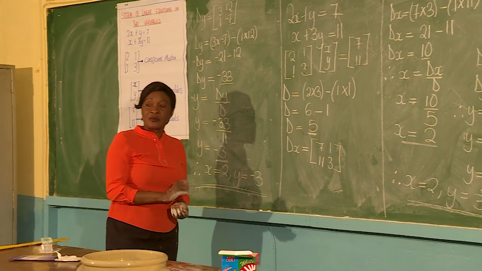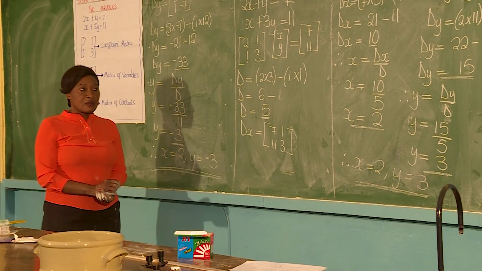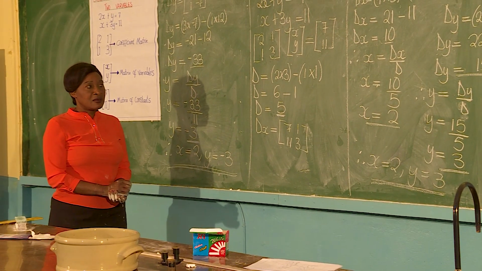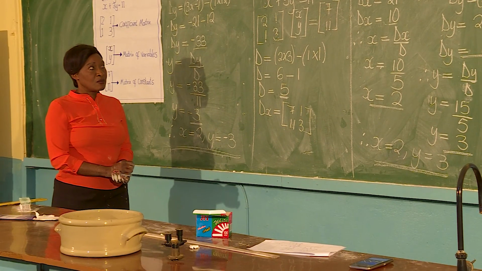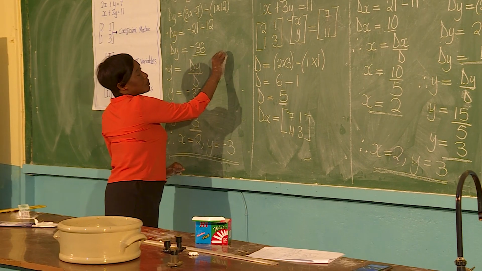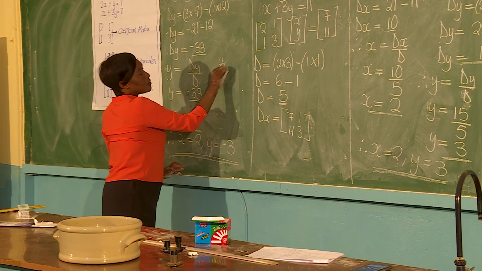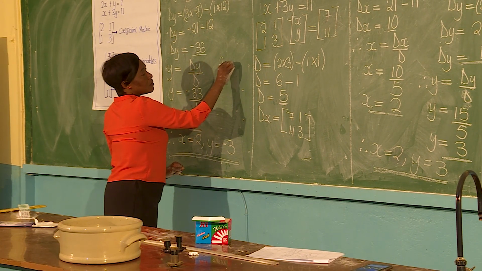Yes, at the back. Is it possible to have a column where the variables are different? Different as in? Where instead of there being x at the top and x at the bottom, there's x at the top and y at the bottom. Give me an example. 2x, then this side is going to be y or x squared.